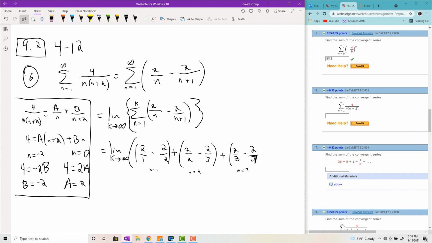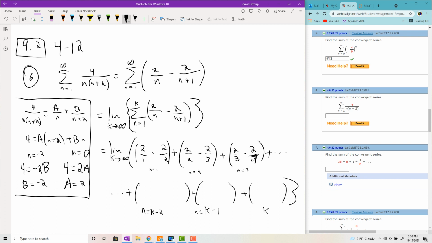And if you don't see the cancellation pattern, you could keep on, n equals 4, n equals 5 if you need to. Okay, I just like to do the first three and the last three. So the last three, I'll need k minus 2, and then k minus 1, and then lastly k.